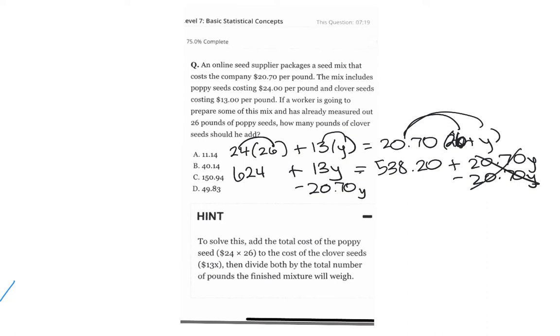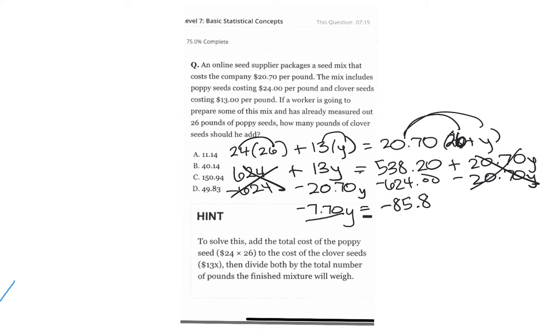This will clear out, and I'm going to end up with a negative 7.70Y, and then I'm going to take the 624 off of both sides. I'm going to end up with a negative 85.8.